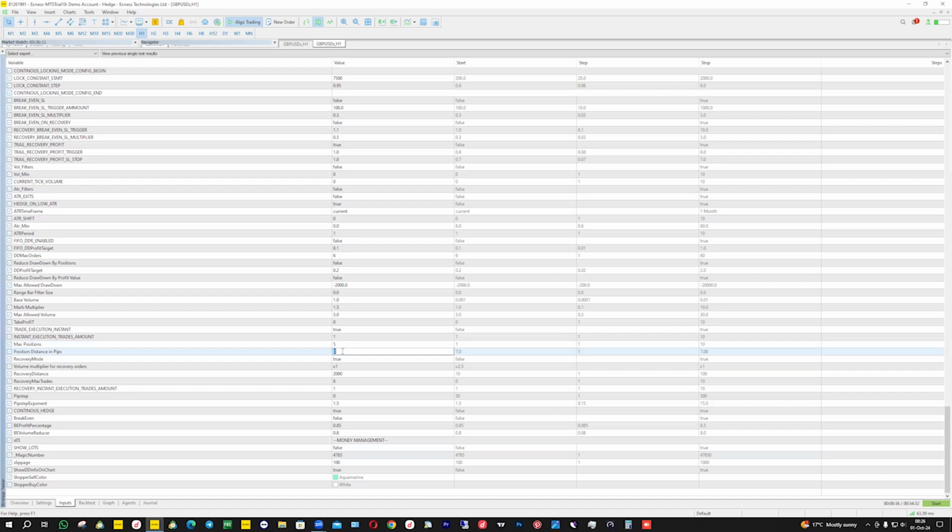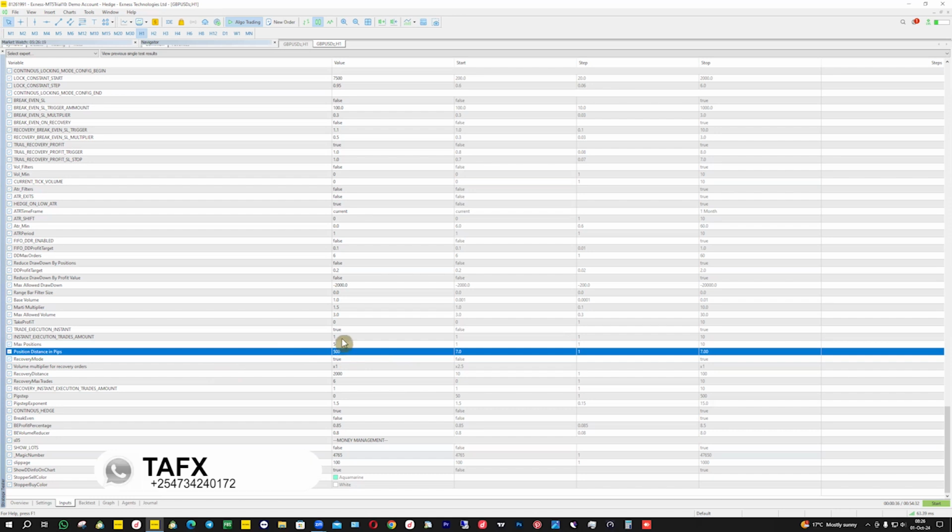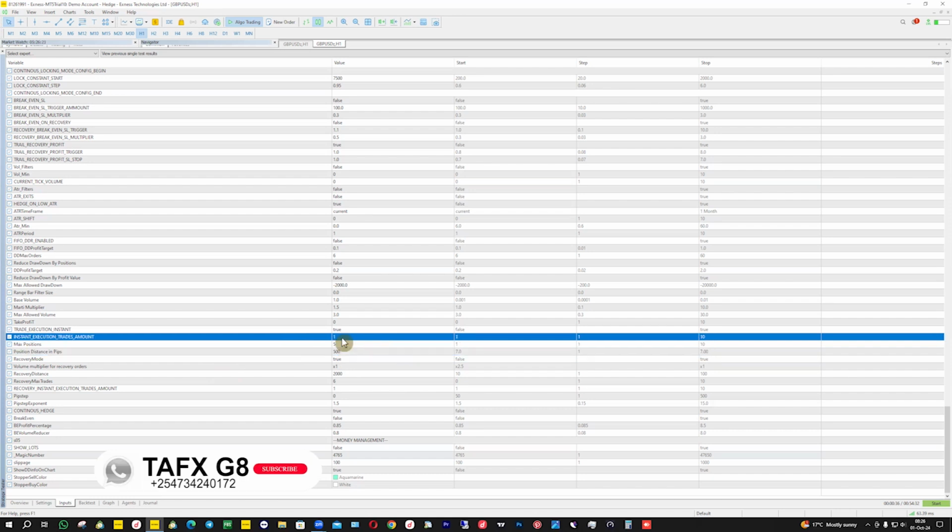So for learning purposes, we are going to use 500 points because this is gold. The first position the EA will enter is 1 position, and after that, it will add another 5 positions with a distance of 500 points when the market is going on our side.